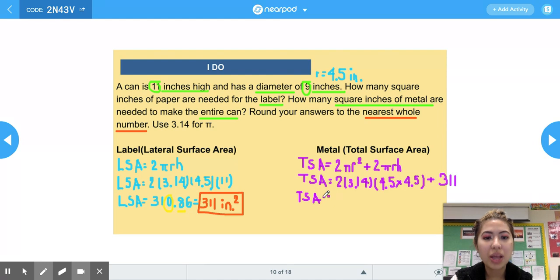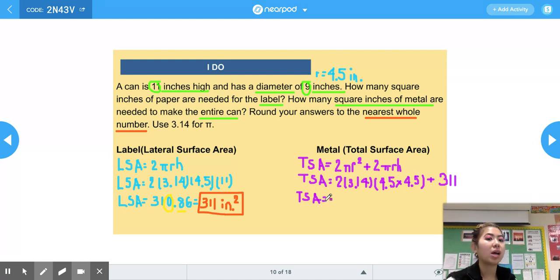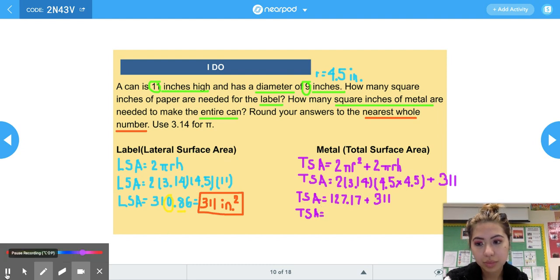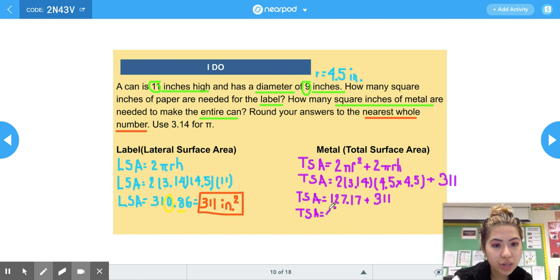When we multiply out 2 times 3.14 times 4.5 squared, we get 127.17. And then if we add the 311, we get 438.17.